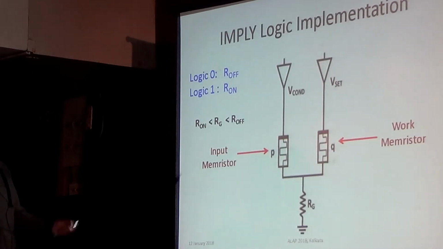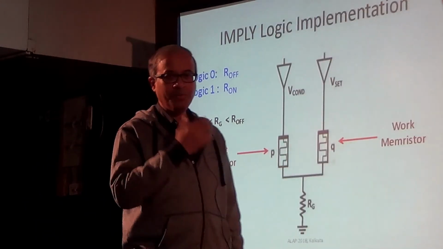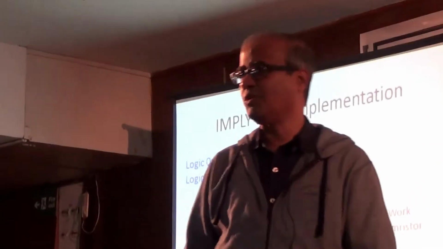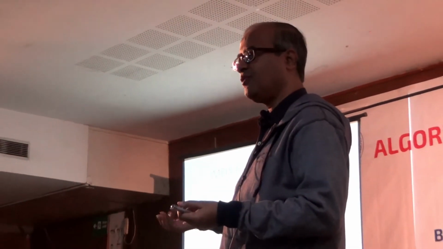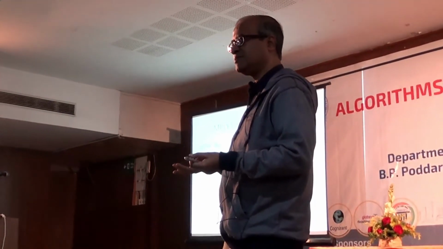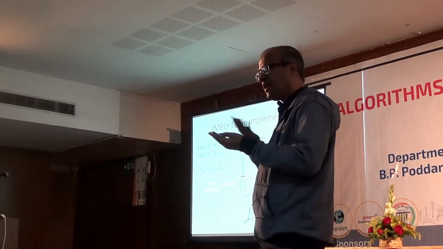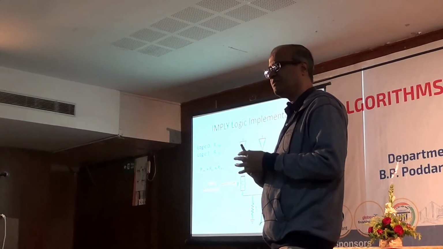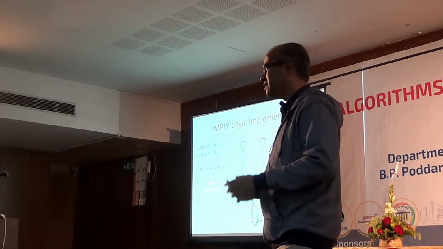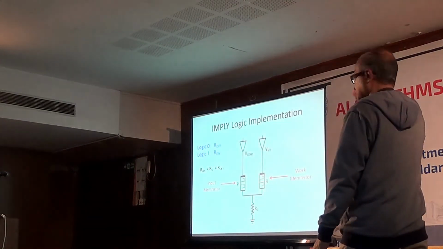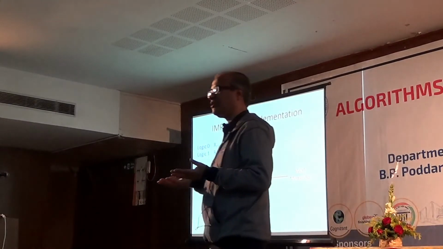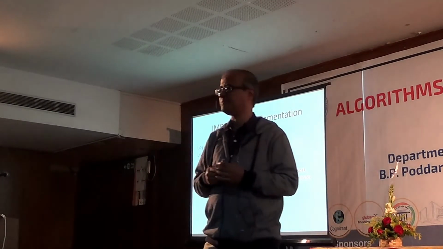Now, you may ask: I have designed a circuit, but where do I apply my inputs, and from where do I get my output? P and Q are the inputs, and I am expected to get the imply as the output. Here the basic philosophy of circuit operation is different.